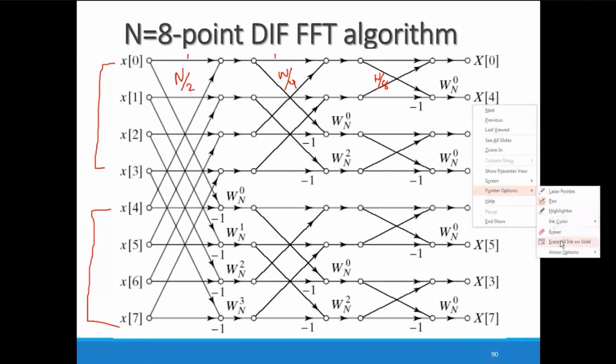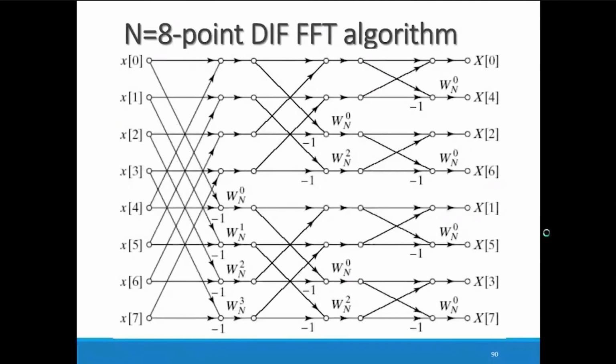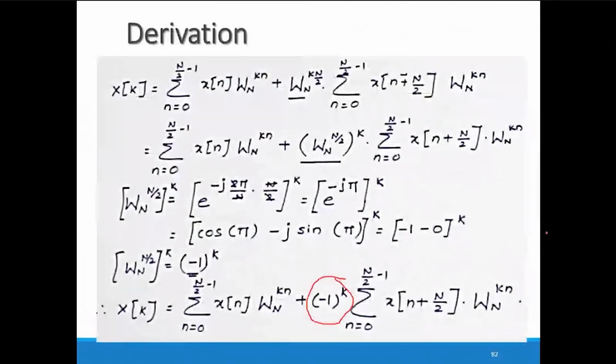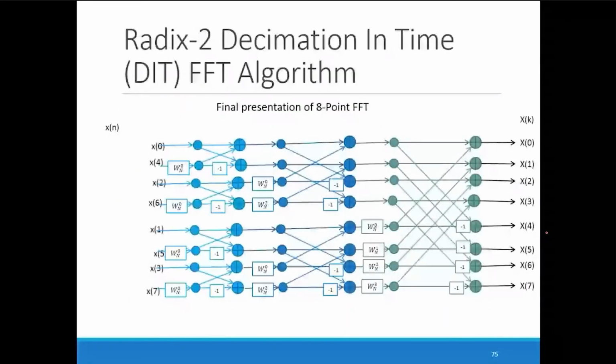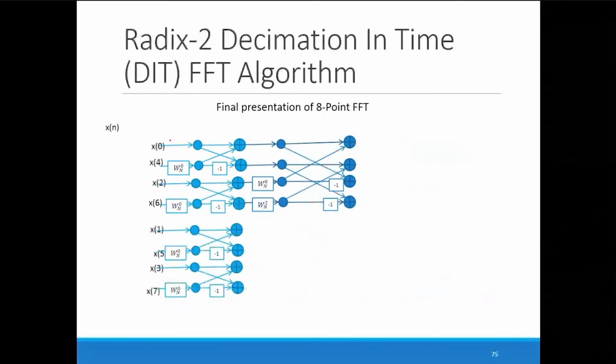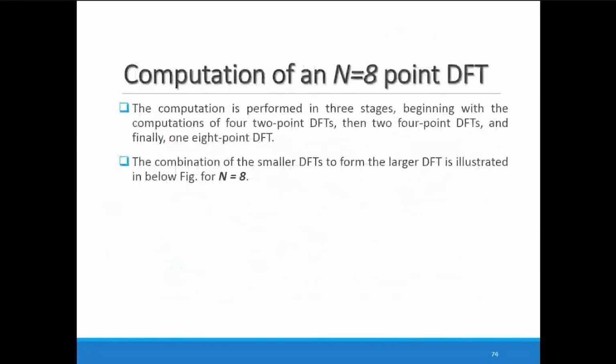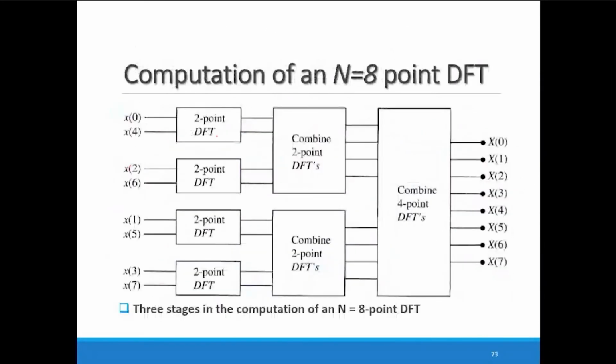Let me show you the DIT first, second, third stages again. Here you can see, in this case, we do the 2-point DFT first. Then we combine the 2-point DFTs and then combine the 4-point DFTs. If you notice the order, it is totally reverse to that.